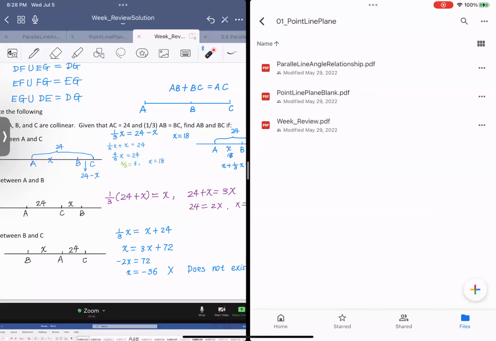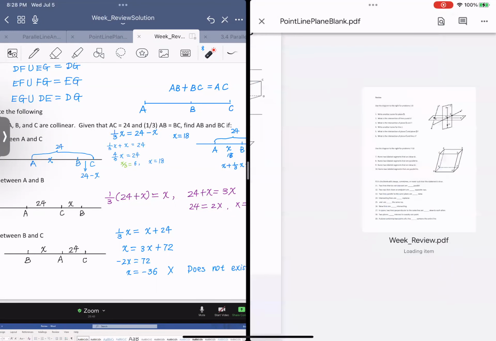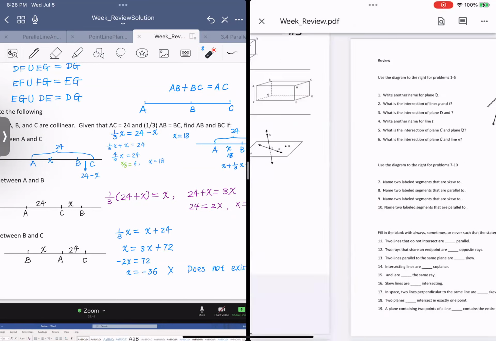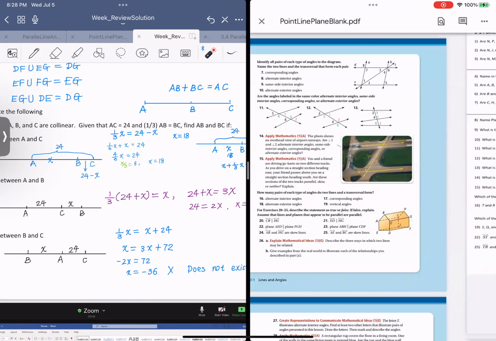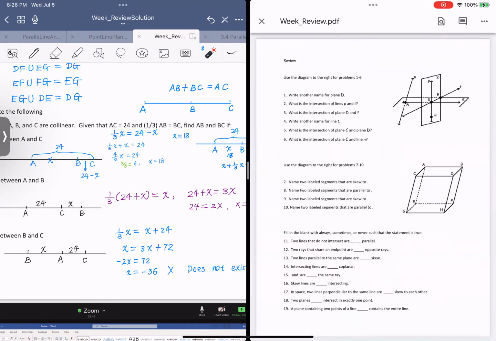For 01, this is for today's homework. You need to print out this blank one and do it on this paper, on everything I listed in the Google link. Then you need to open, download, and do it.